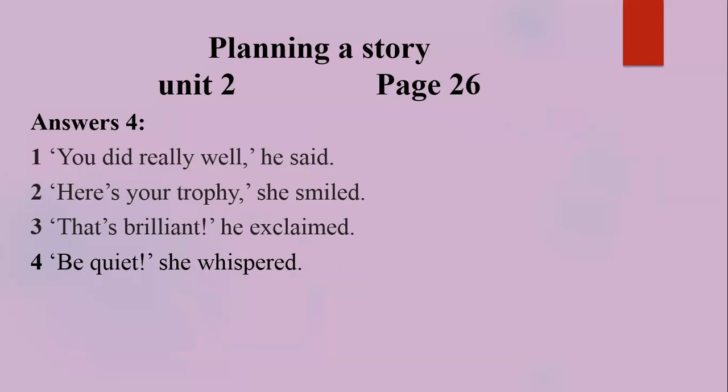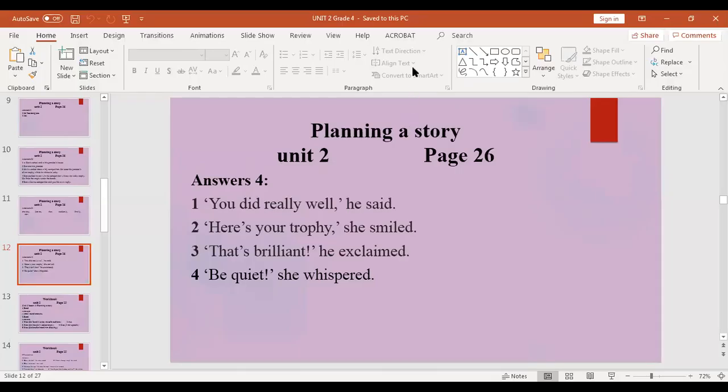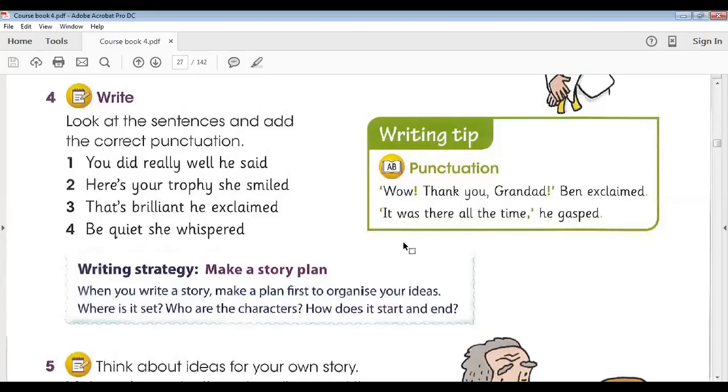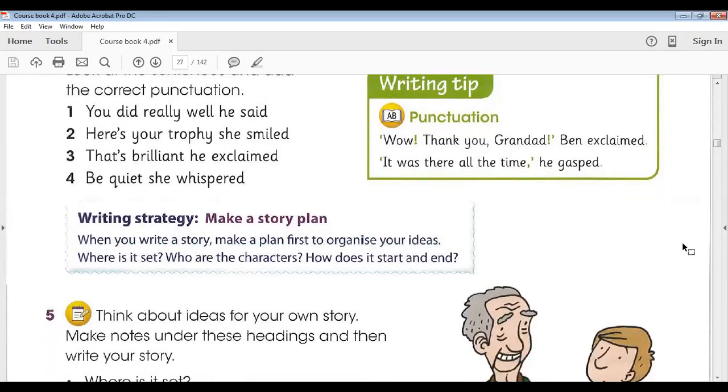Same like that, here's your trophy, this is the actual sentence, and she is the person who said this sentence, and then smiled is the reporting verb. Same like that, we discussed how to write reported speech, and also how to mark the punctuation marks in the reported sentences.